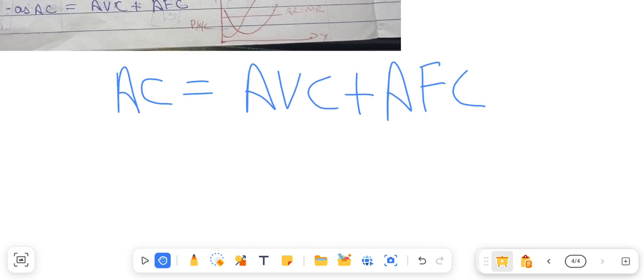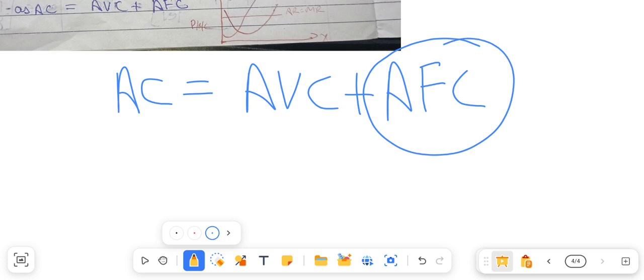Average fixed cost is the cost incurred when buying machinery, for example when setting up an industry.